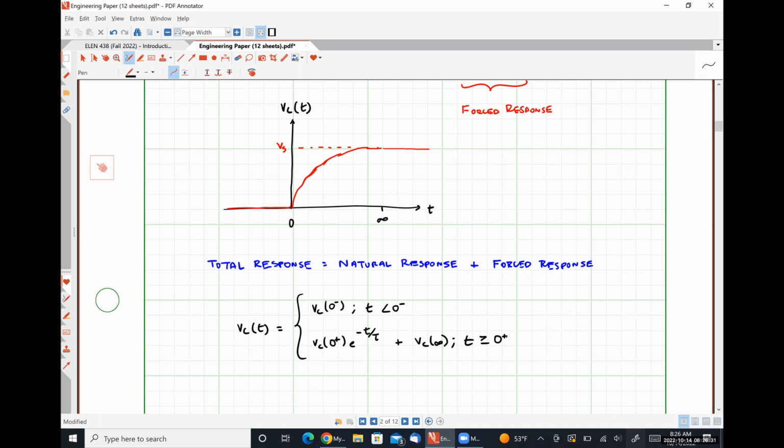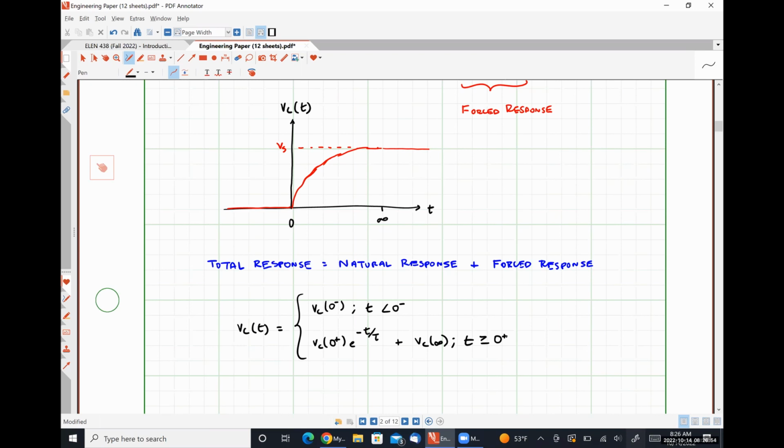If we evaluate this bottommost expression at t is equal to 0 plus, what we will find is that we have 0 times e to the negative t over tau, which looks like 0, plus some DC value. So effectively, our capacitor voltage instantaneously is jumping from 0 up to its DC value.